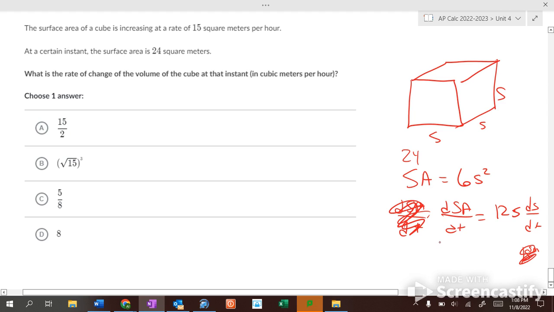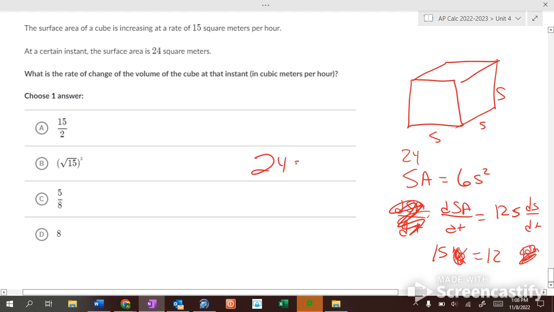That's surface area. So that's 15 equals 12. At a certain instant, the surface area is 24. So if this is 24, we've got to solve for S.